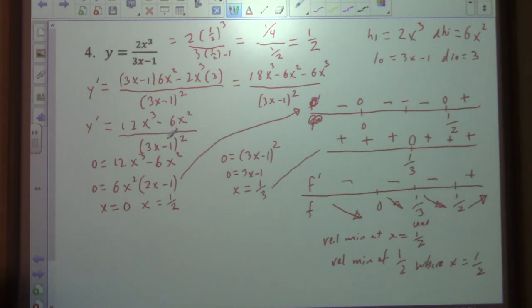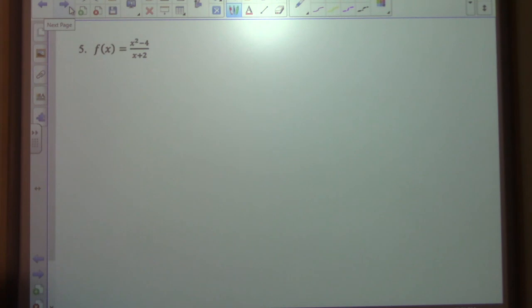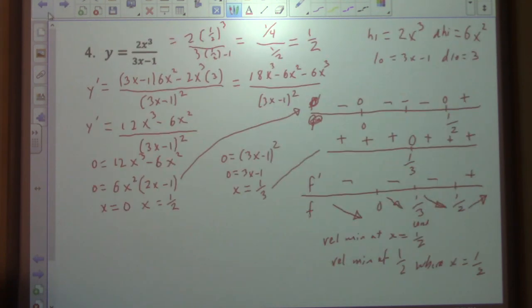But it can be done, right? We can do L'Hopital again a second time. But anyway, that's the process right there.